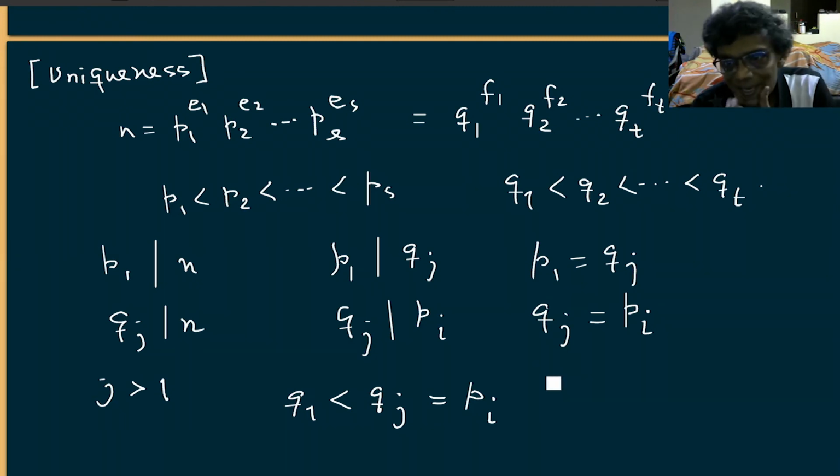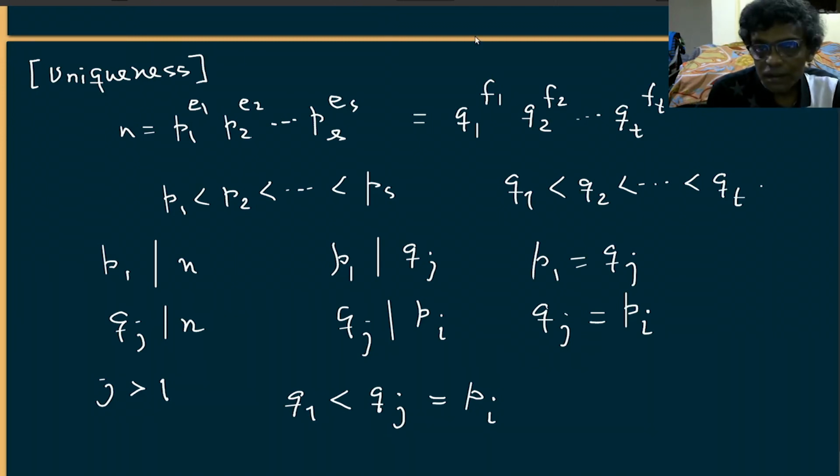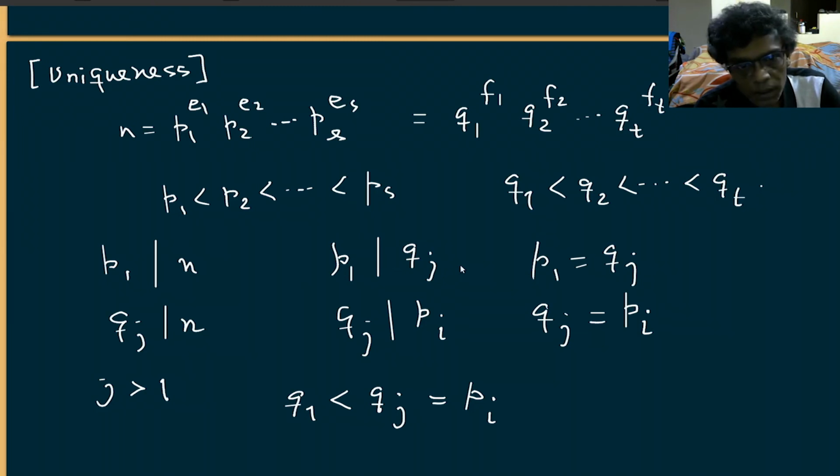Actually, what I want to show is that this j is equal to 1. Without that, there is a problem. It's just playing with inequalities. P1 is equal to Qj, which is greater than Q1.